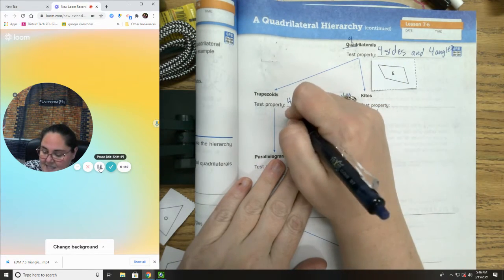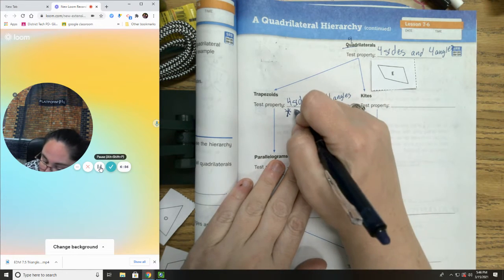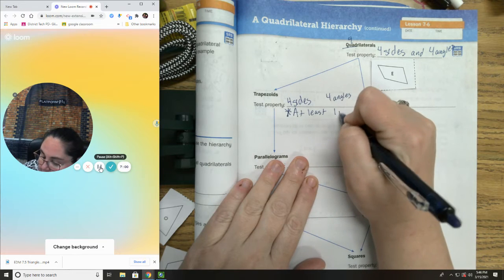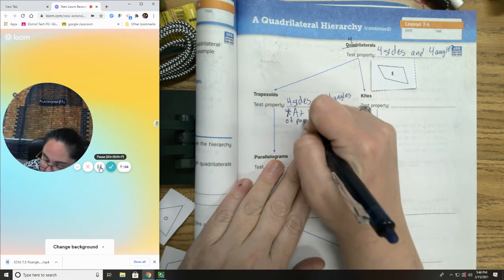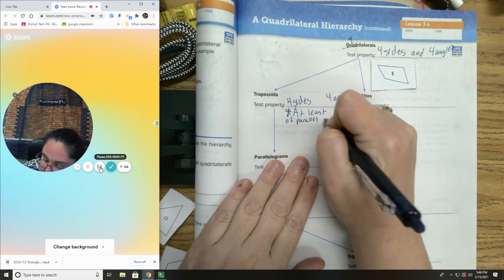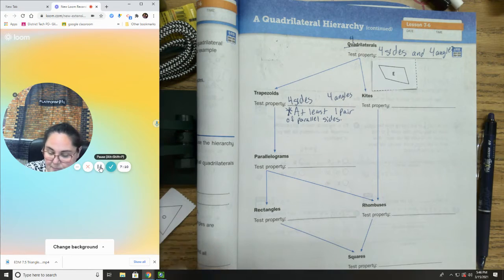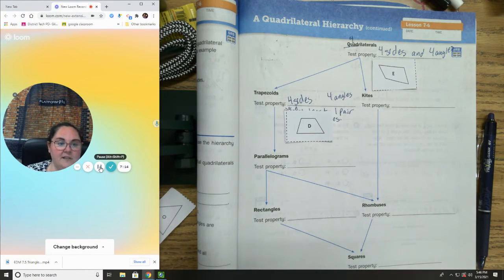But this is the test property, which means that it has at least 1 pair of parallel sides. So this shape right here has 1 pair of parallel sides.